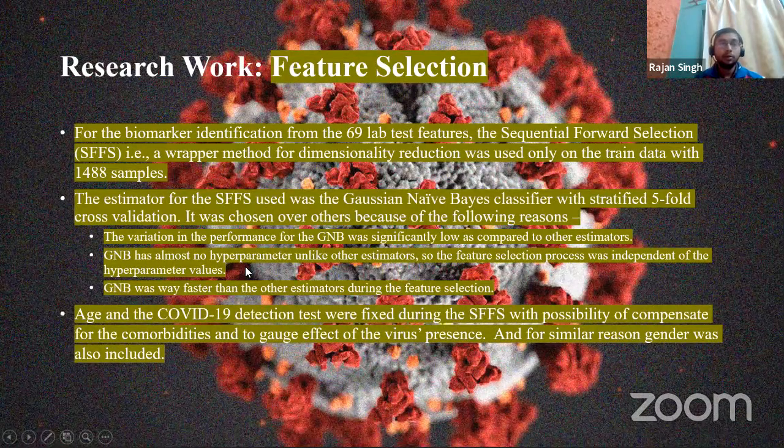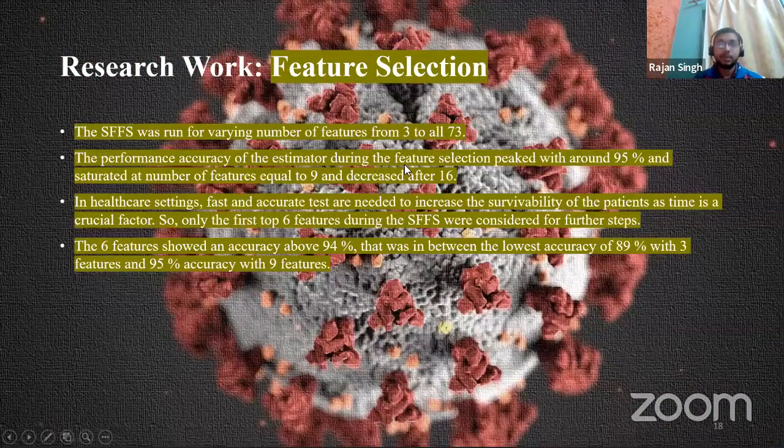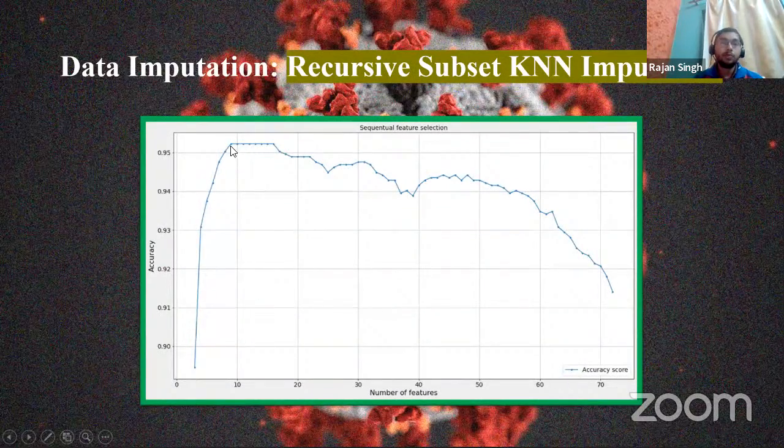The SFS was run for all features, and I will just show the performance of the estimator. We can see that for 9 features it plateaued. So we selected 6 features, between the 3 and the 9, because the performance was in between.